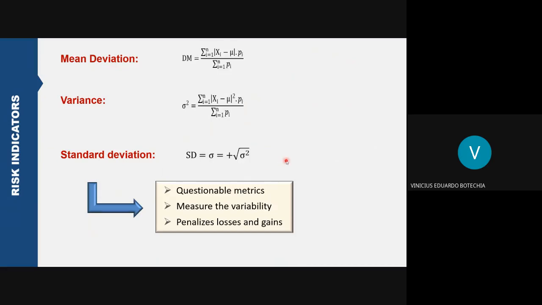They measure more the variability of the possible outputs. And the problem with this metric is that it penalizes loss and gains at the same time. This is kind of counterintuitive, because we think about risk in terms of chances of loss, right? You don't think about risk in the possibility of some gain that I was not expecting initially, right? So it's not good to penalize losses and gains at the same time.